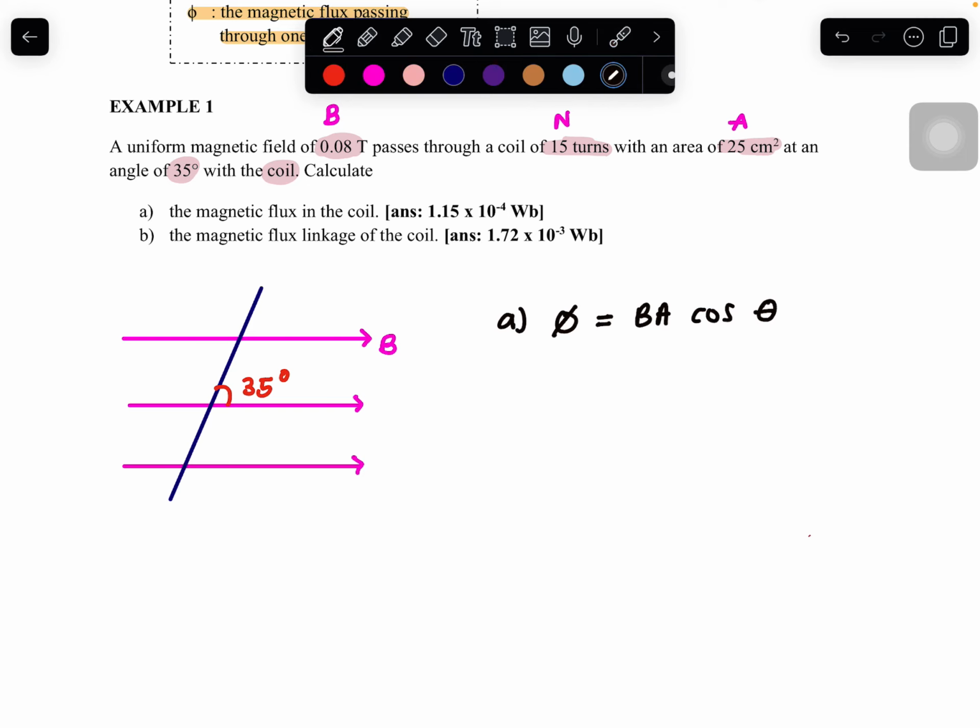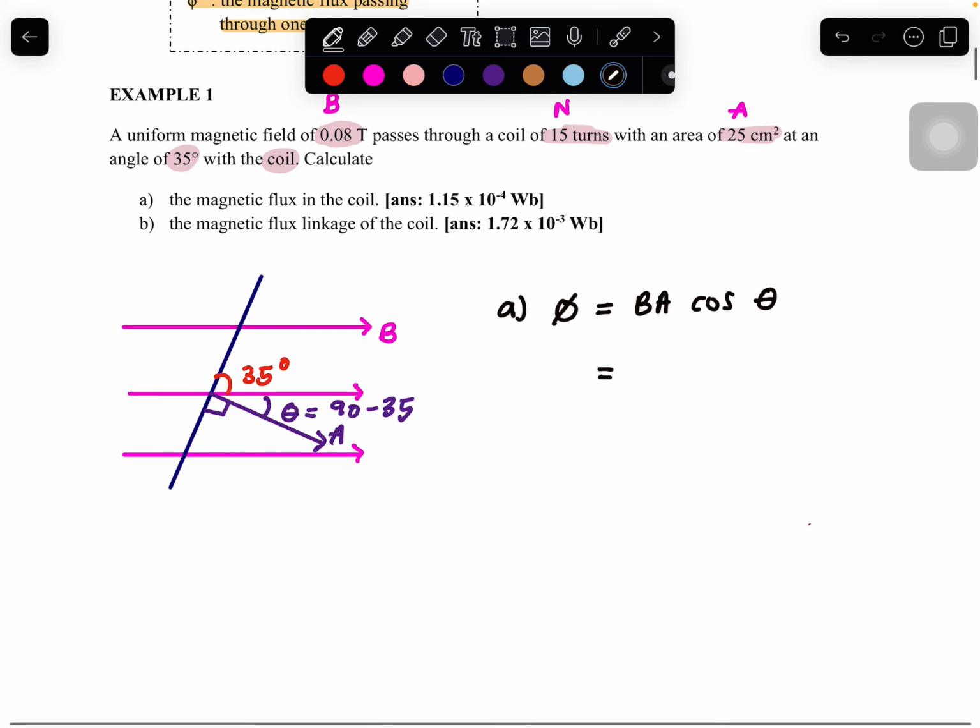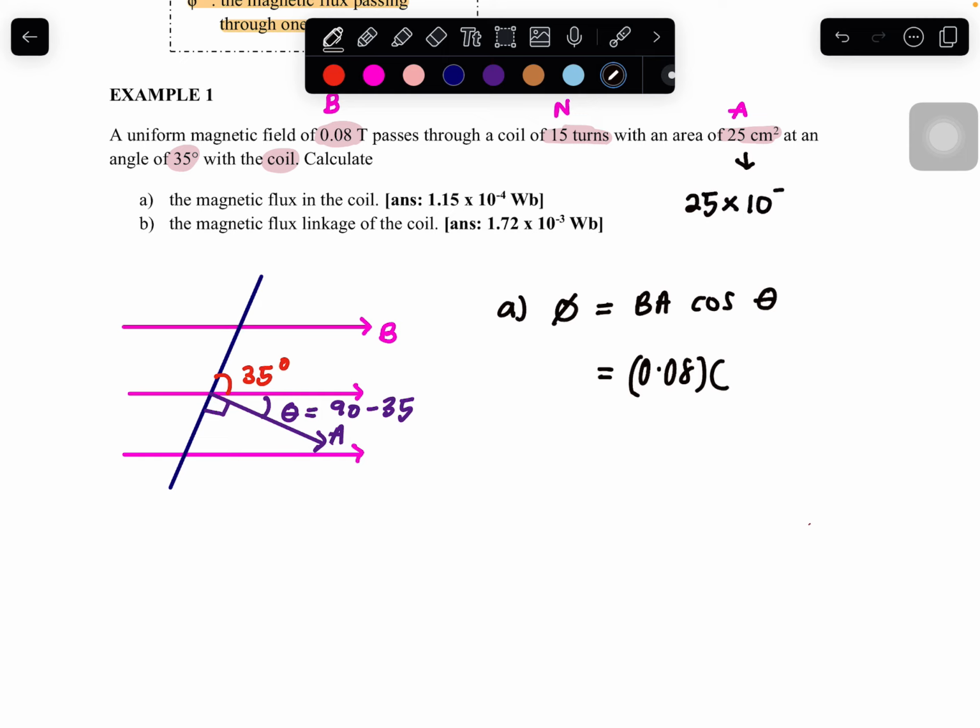So kita punya A, area kita, always perpendicular to the plane. So angle dekat sini will be 90 minus 35. Okay. So yang lain kita sudah ada value dia, just masukkan saja. Magnetic field 0.8. Area, so area here notice it is in centimeter square, so convert kepada meter square sajalah.